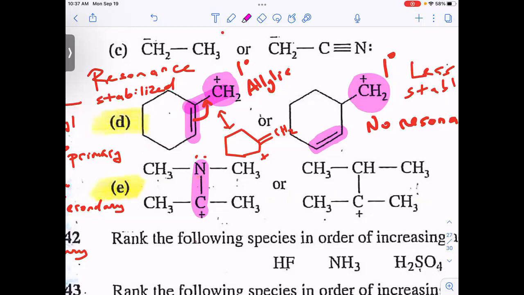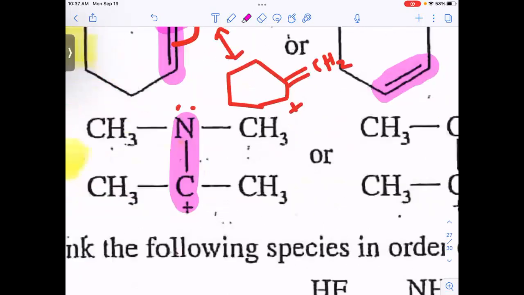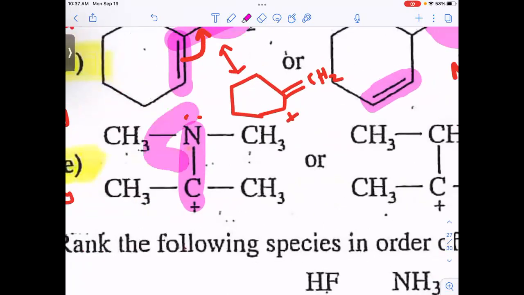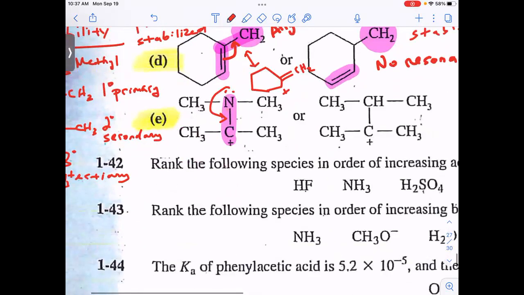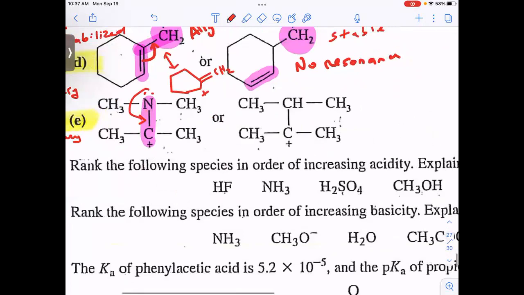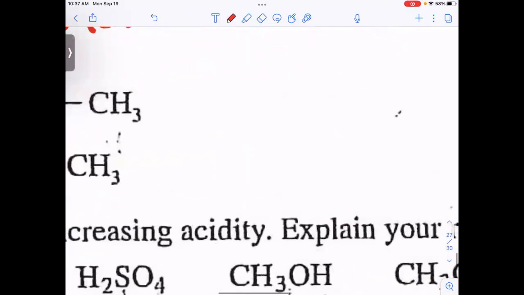Yes, I can. I can move it here, can I? Not there. I can move it here. Is that right? Yes. I don't have room to draw the resonance form, so I'll draw it over here. The resonance form would look like this.